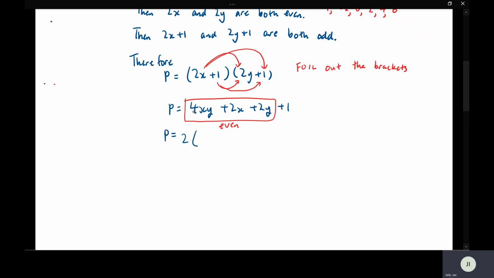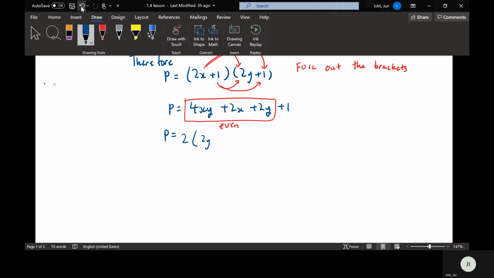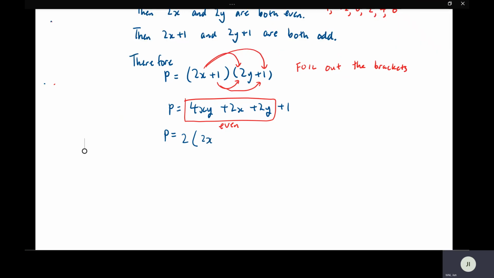So a 2 bracket, 2xy plus x plus y, and then I have the plus 1.